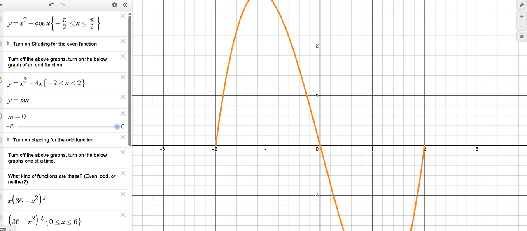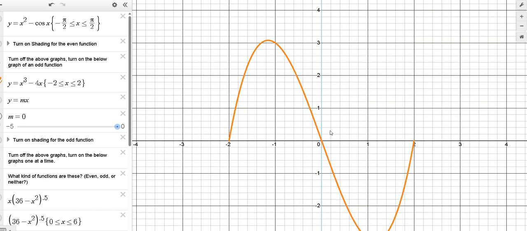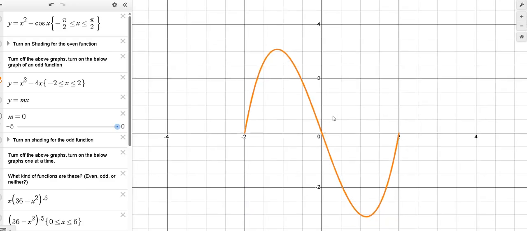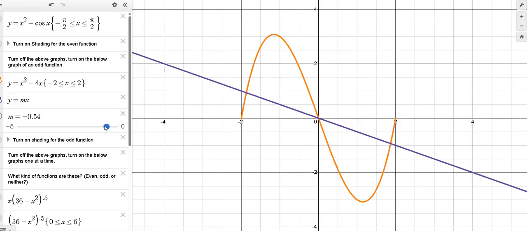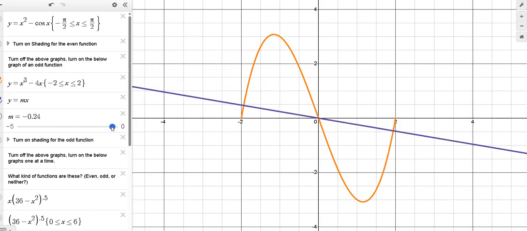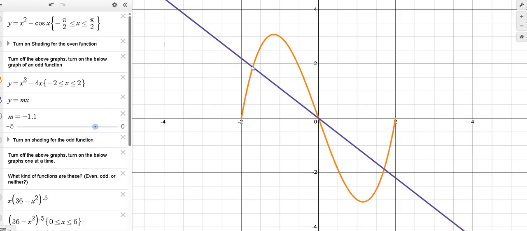Let me try and coax you a little bit into understanding what an odd function is. An odd function has what's called origin symmetry. And if you draw the line y equals mx, then anywhere that this line moves, you're going to find symmetric points on the graph, symmetric points on opposite sides of the origin.